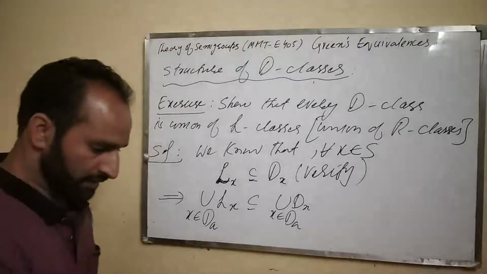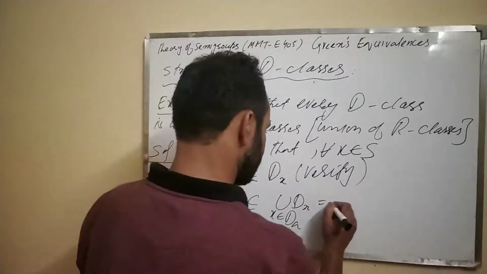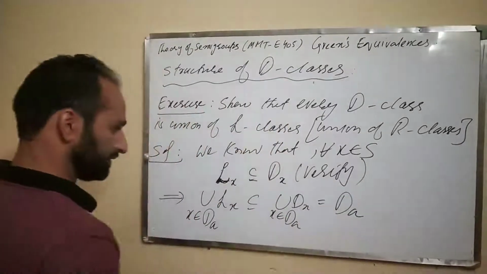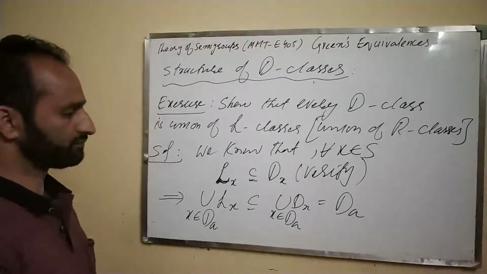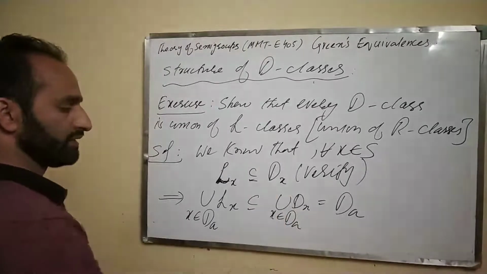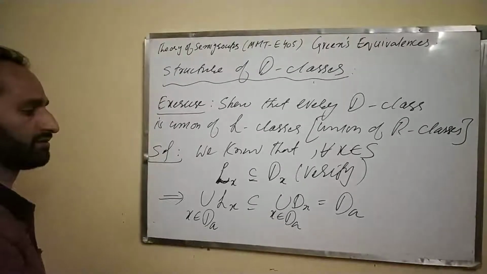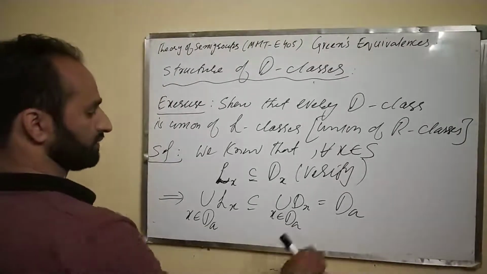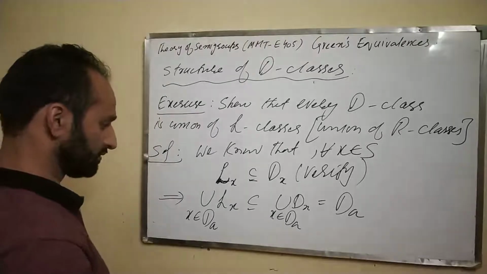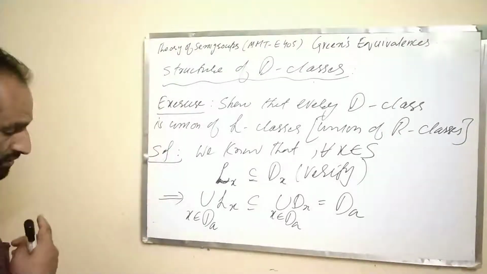On this side, it equals D of a, because you are taking the union over D classes and x belongs to D_a.